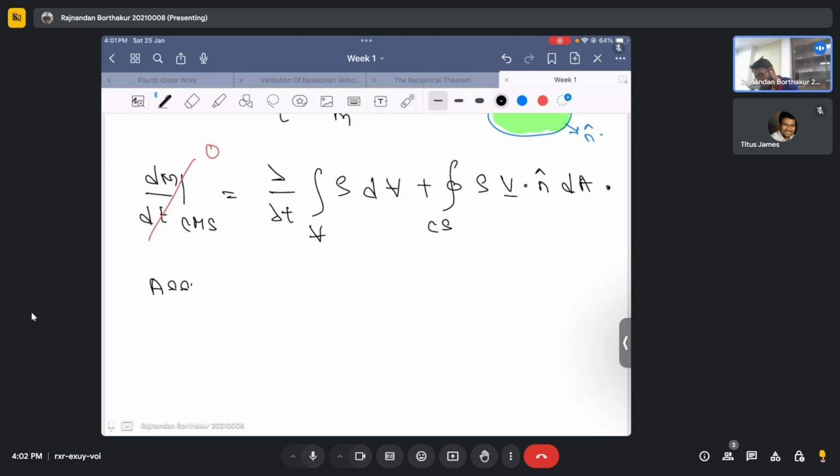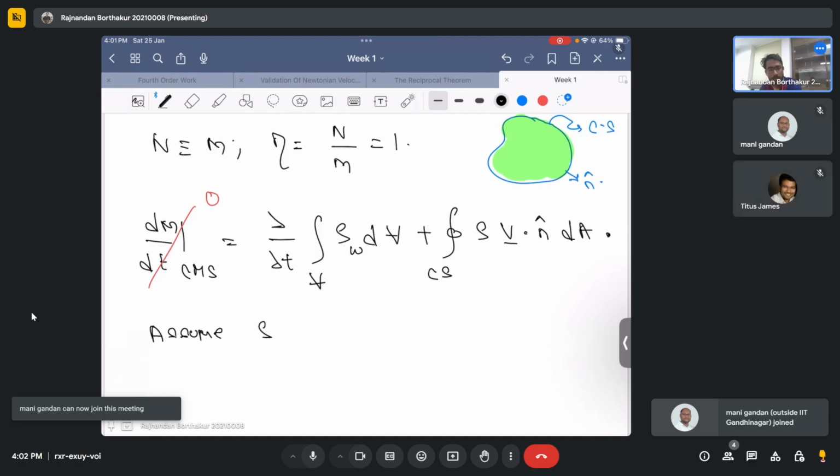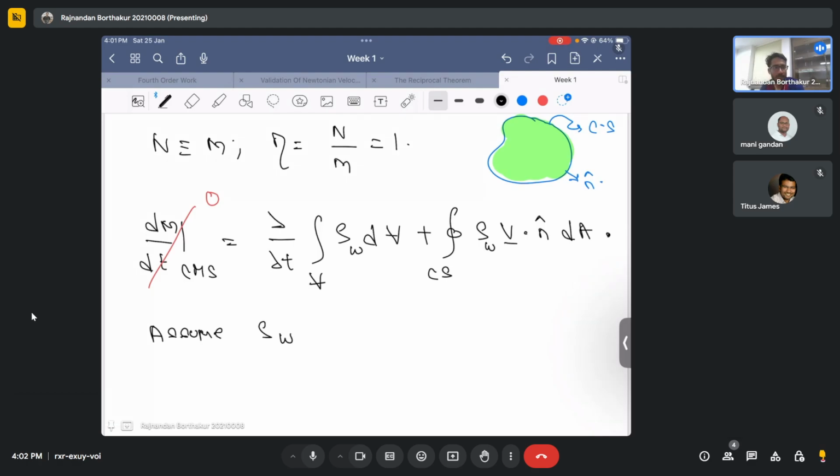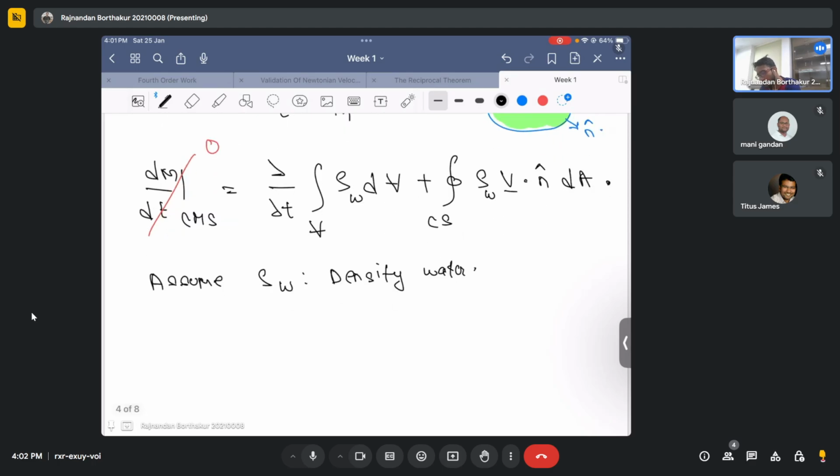So we'll assume that this is rho w, which is the density of water that we are looking at. We'll assume that this rho w, the density of water, is constant, meaning that I can take this density outside these integrals.